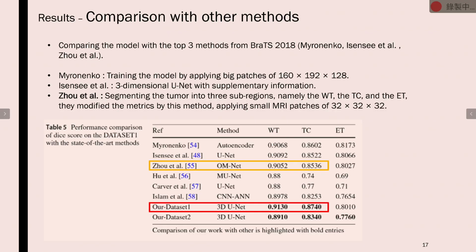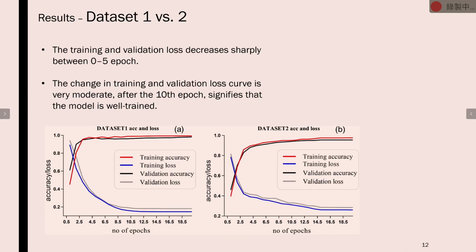Page 12. I want to ask what is the loss function in the two features?